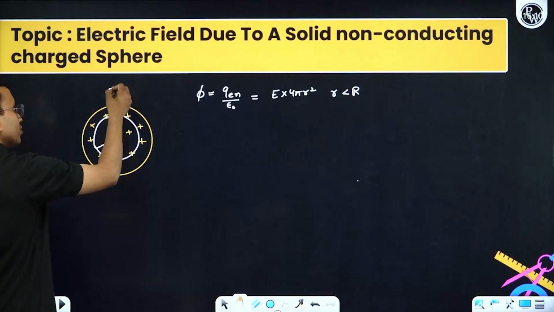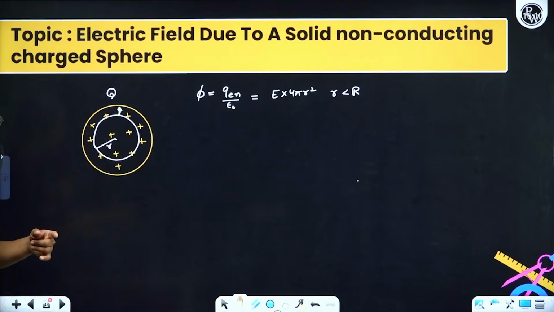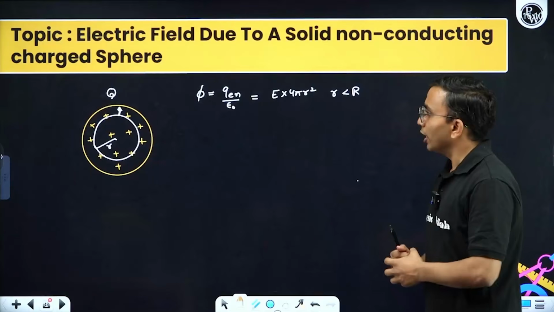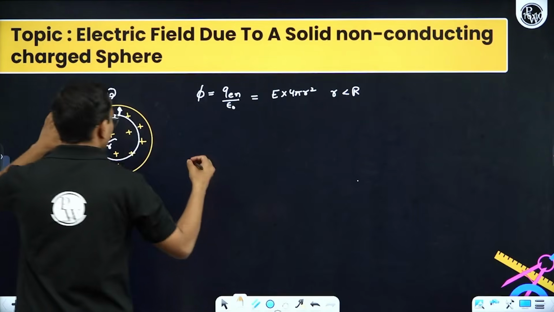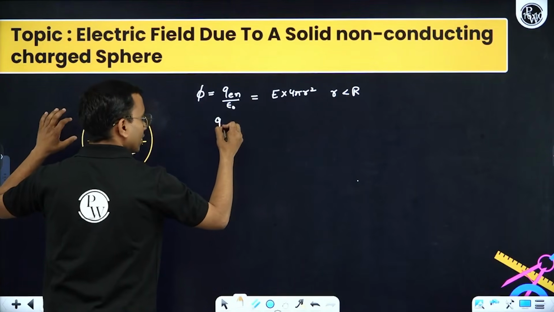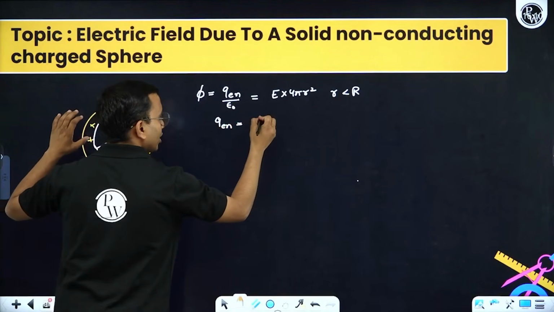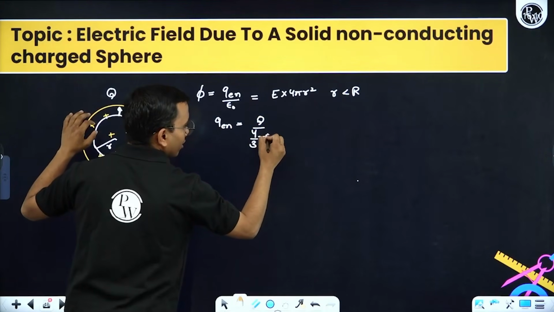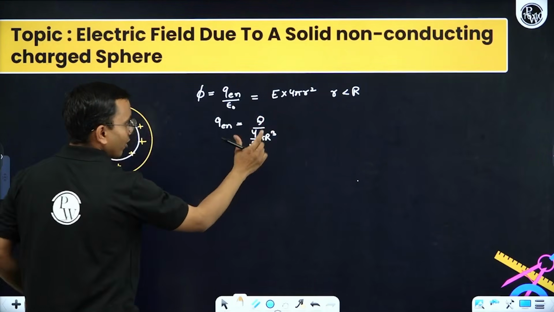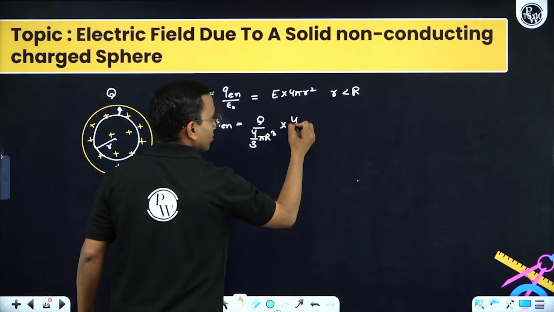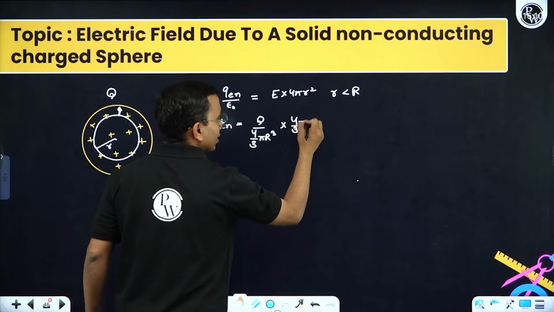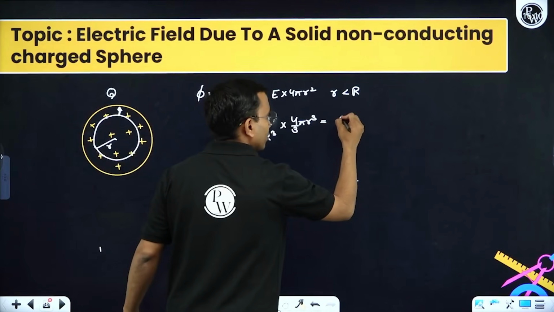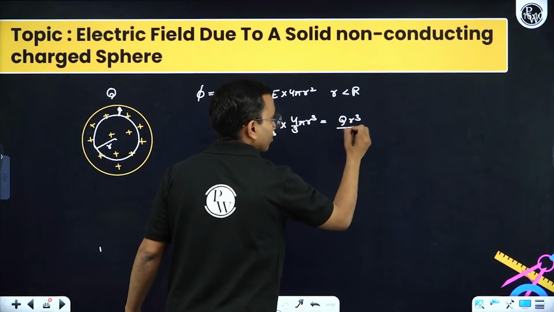Let us take the total charge as Q. Here it is mentioned that this is uniformly distributed. If Q is uniformly distributed, Q enclosed is charge per unit volume, that is total charge by total volume, into the volume inside which I am trying to find the charge. So Q r cube by R cube.